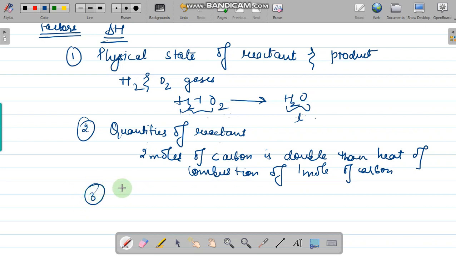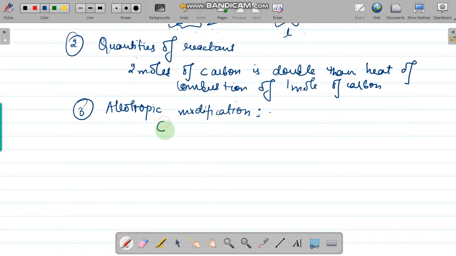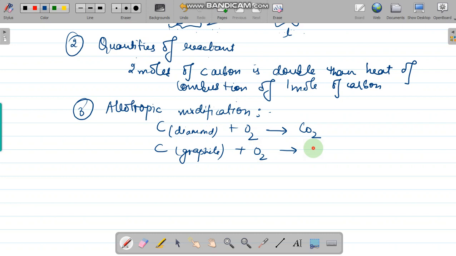Third is the allotropic modification. Now, what is this allotropic modification? The enthalpy change for different allotropic forms of the same substance is going to be different. For example, carbon. Suppose you have taken it in diamond form, reacting with O2 gives CO2, and another you are taking as graphite, the amorphous crystalline form, reacting with O2 gives CO2.